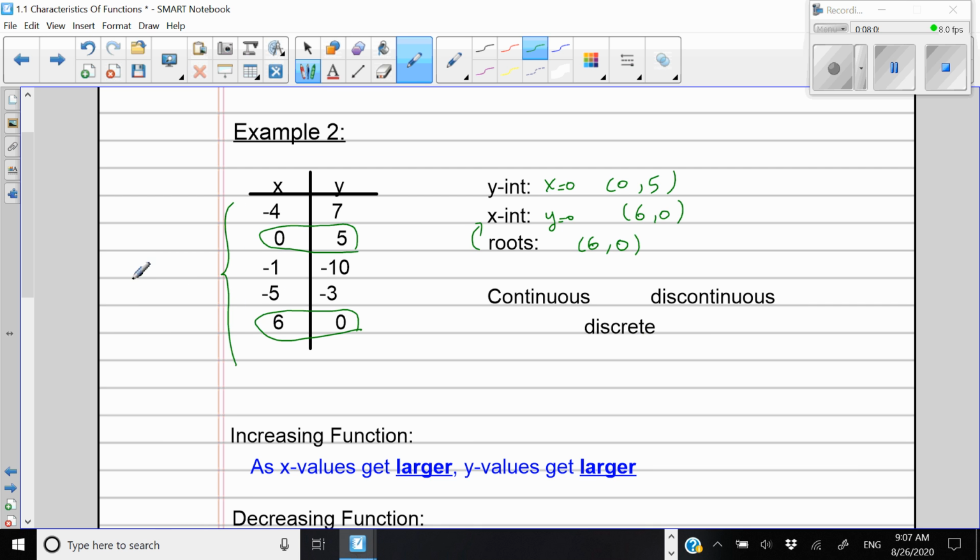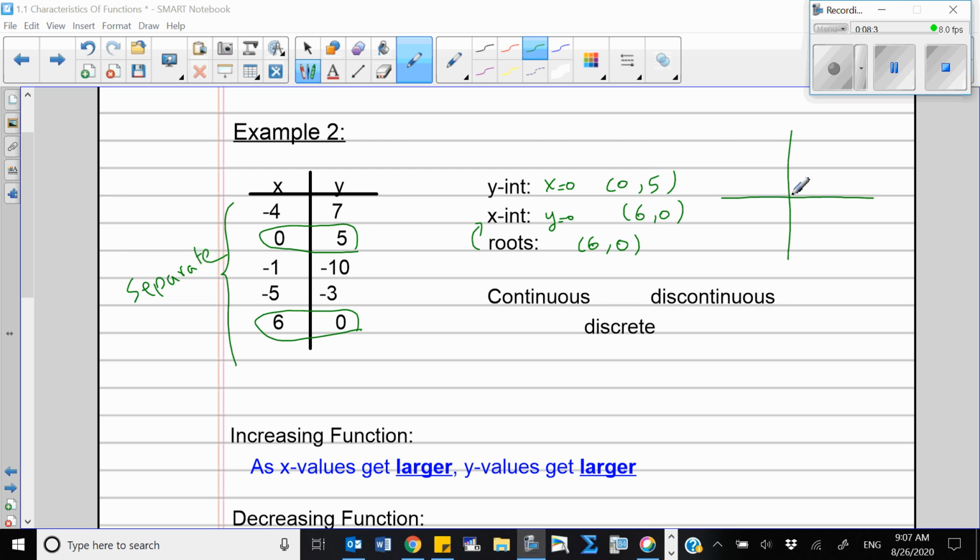Why? Because we have some separate numbers, like (-4, 7) and (0, 5). I can show them for you on a coordinate plane.